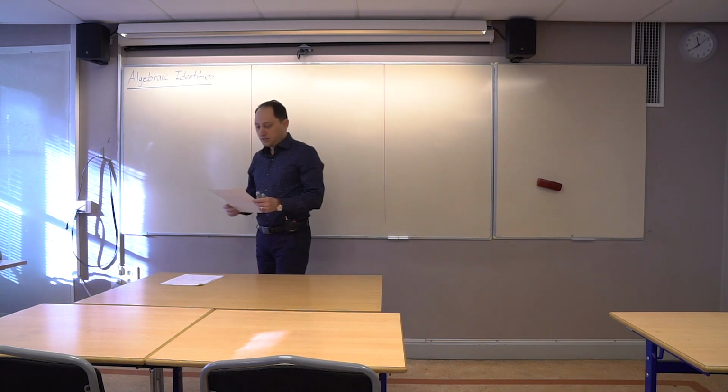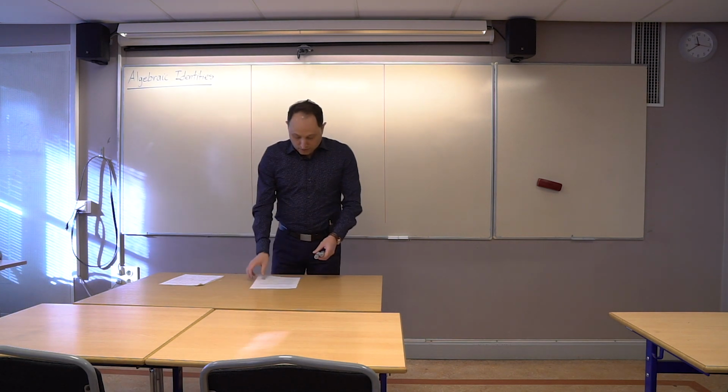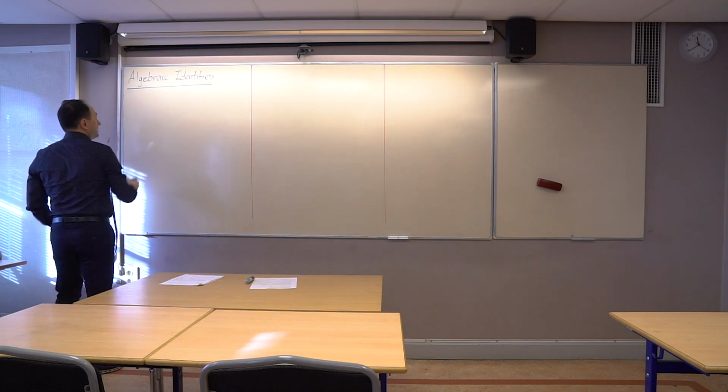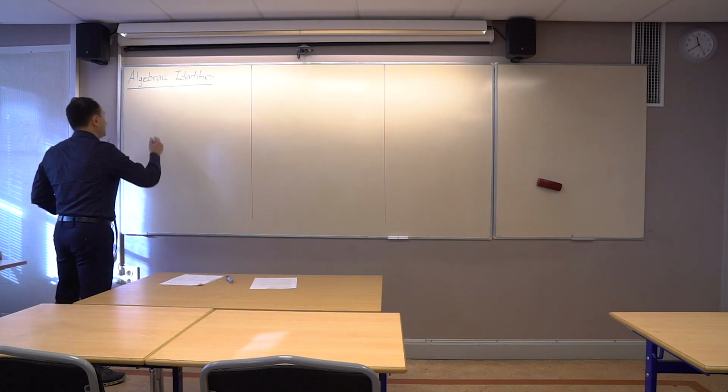Okay, so I think it's a good starting point if I start solving some of those problems of week number 7. Before doing that, let me just write the first algebraic identity that you actually already know. Let me write the formula here for you.